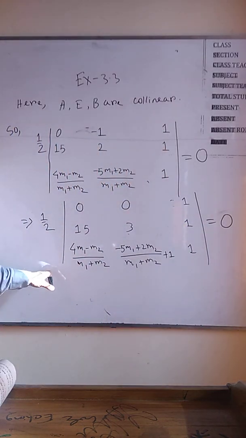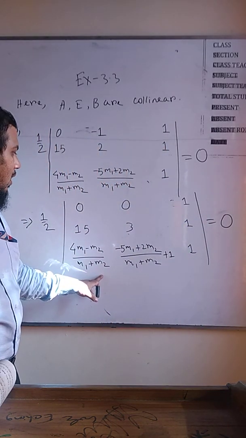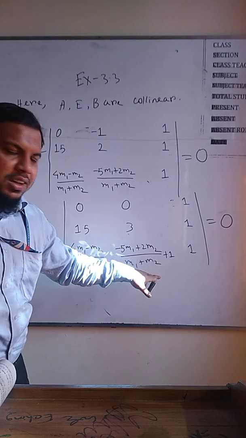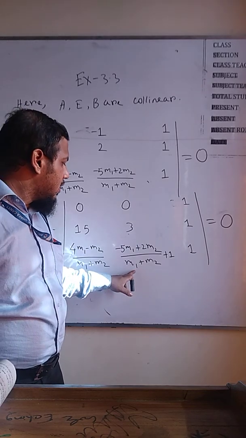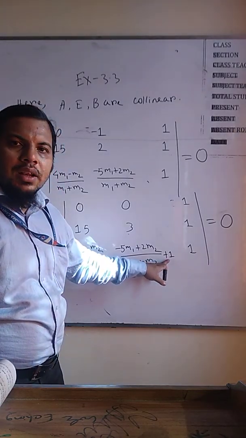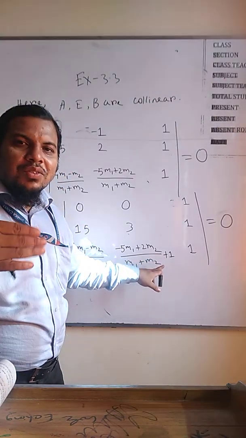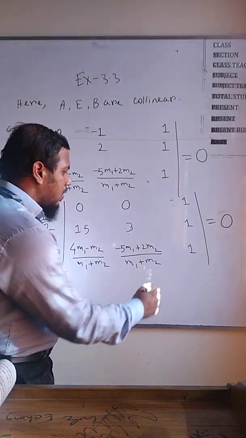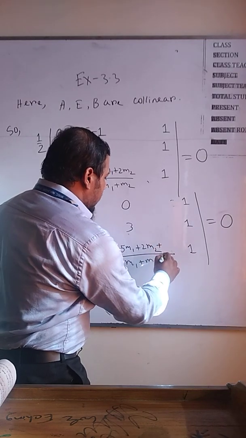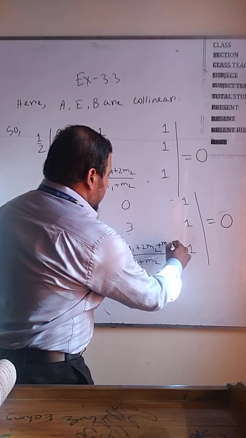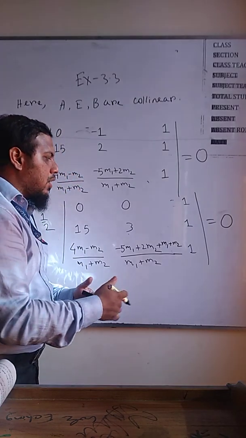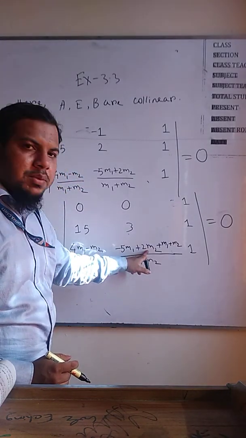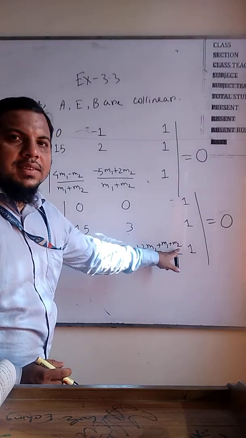Now we have to do the calculation. Okay, I am showing the calculation here. So if we calculate it, it will be m1 plus m2 plus 1. As you are students of college section, I think you can understand the inner meaning. It is plus 1, that means m1 and m2 will be multiplied with them. So here minus 5m1 plus 2m2 plus m1 plus m2.